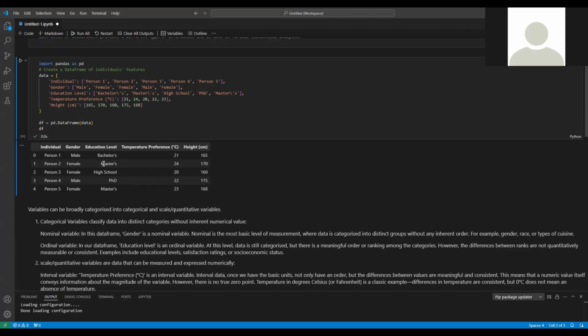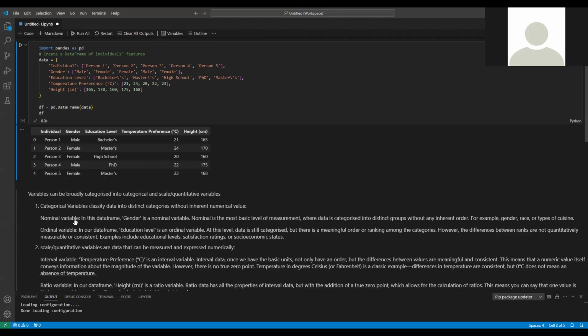For the first two variables, the key information or values are in the form of categories. So these first two variables are what we call categorical variables. Basically, categorical variables classify data into distinct categories.